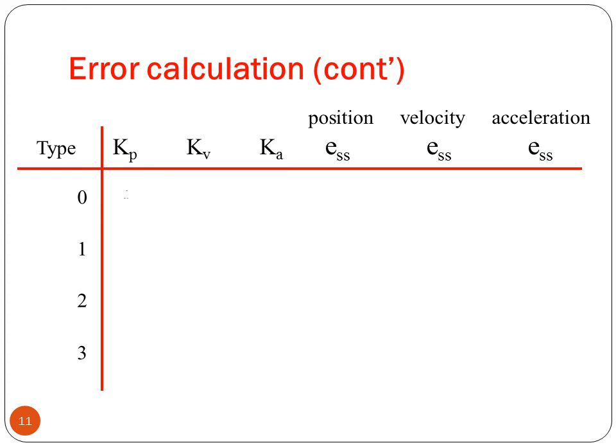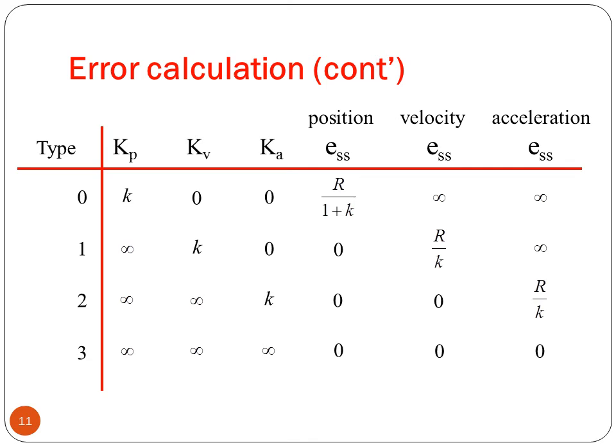So this table represents briefly the results that we have obtained. For a system of type 0, which is the most frequent system, which doesn't contain any integration, we'll have Kp equal K, and the error will be R over 1 plus K. For type 1, the static error or the position error will be equal to 0, the velocity error will be equal to R over K, and the acceleration error will be equal to infinity.